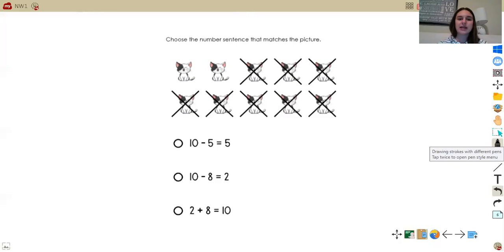Okay, so now that you guys have solved on your own, we are going to go ahead and show you the answer. The first thing first, I want you guys to start by labeling all of the cats.